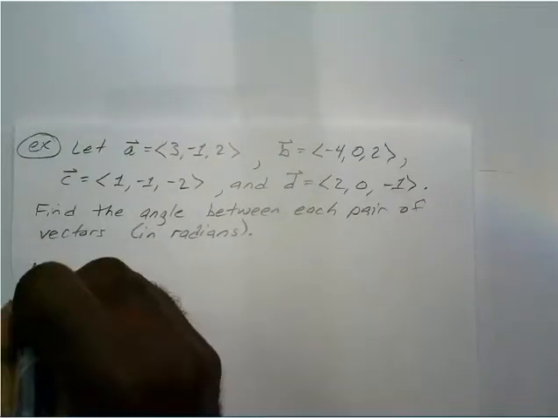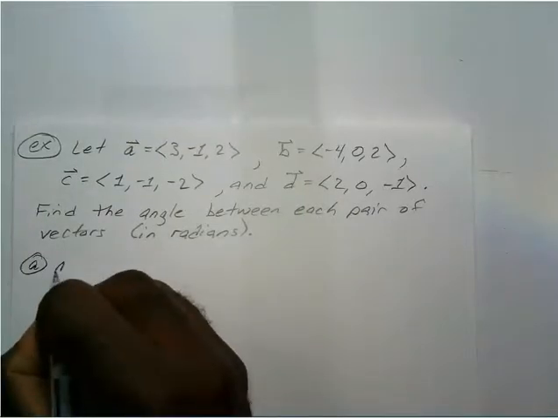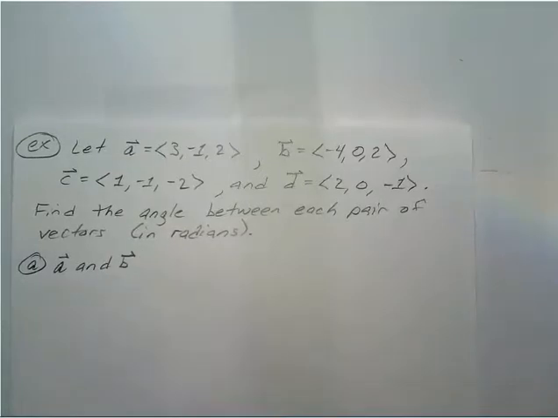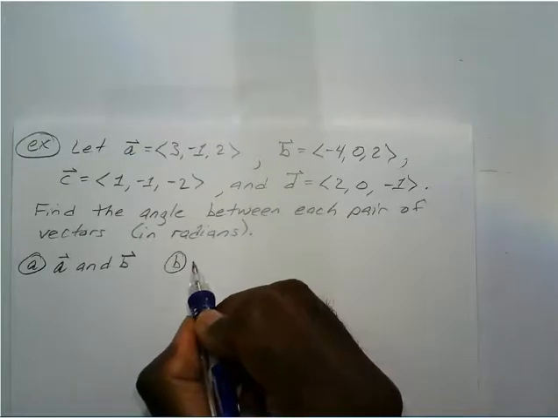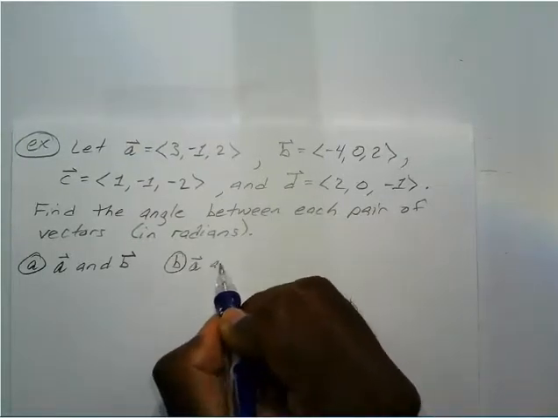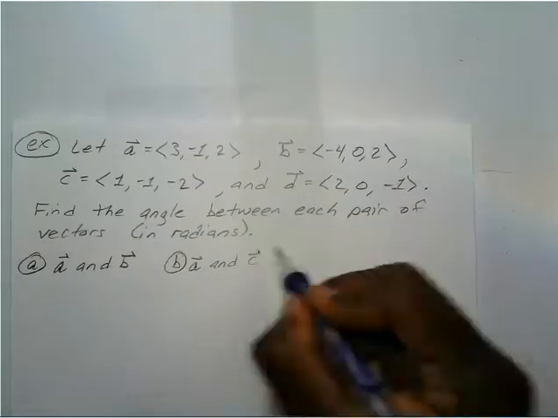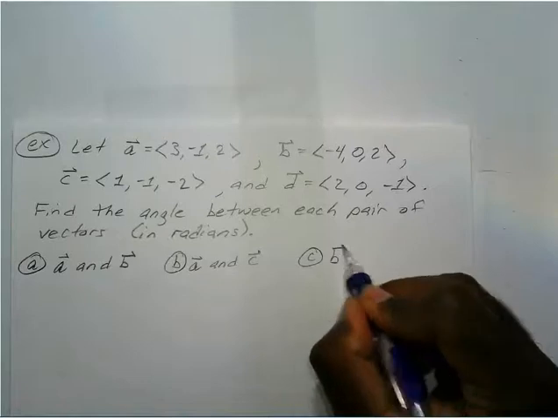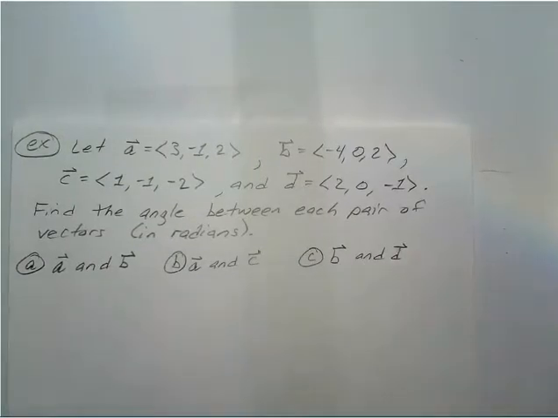For problem A, we want to find the angle between vectors A and B. Problem B, we want to find the angle between A and C. And for problem C, we want to find the angle between vectors B and D.